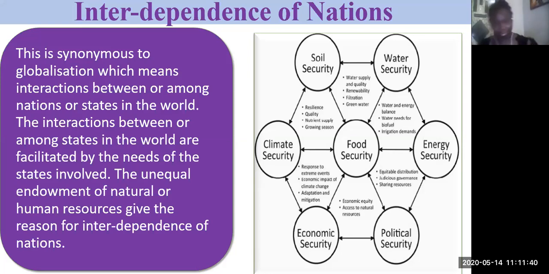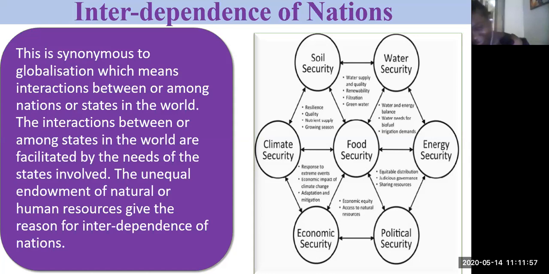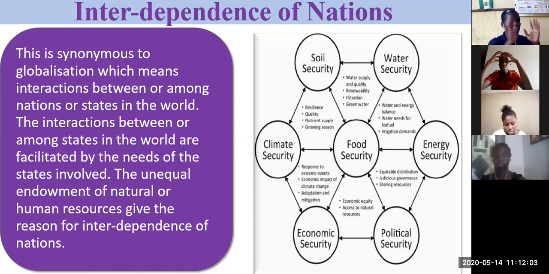Okay. If you look at your fingers, they are not equal. Prudence and Akinyemi Jessica, are you hearing me? Okay, no problem.